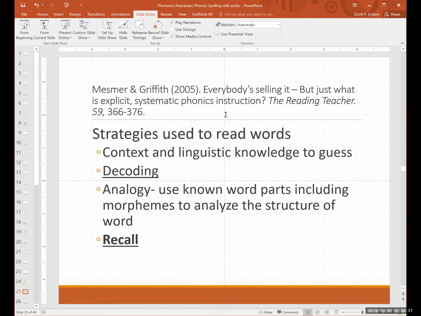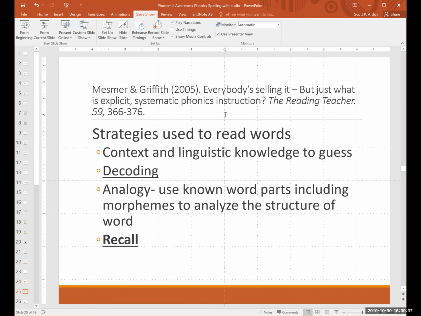Hopefully they'll also use decoding, converting individual letters and patterns of letters into sounds and blending these sounds. They'll use analogy, which is using word parts, including morphemes, to analyze the structure of a word, and recall, retrieving a known word from memory.